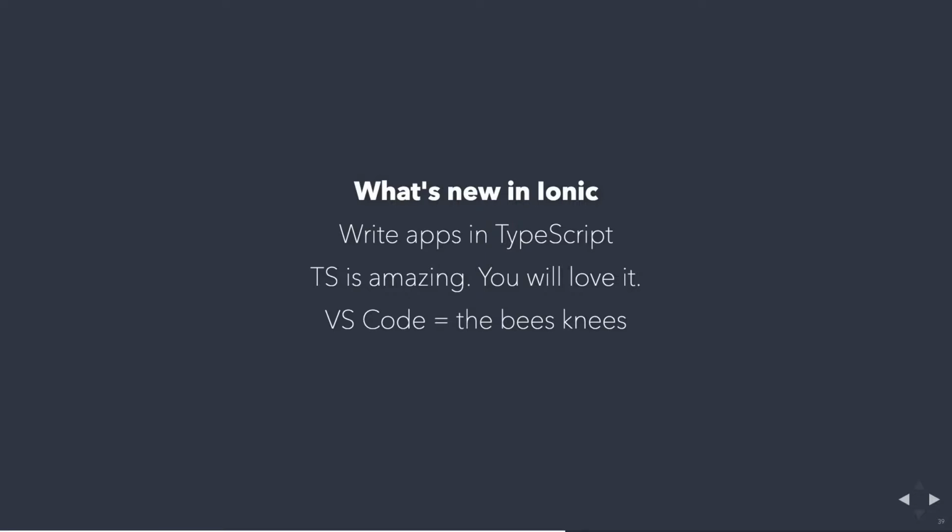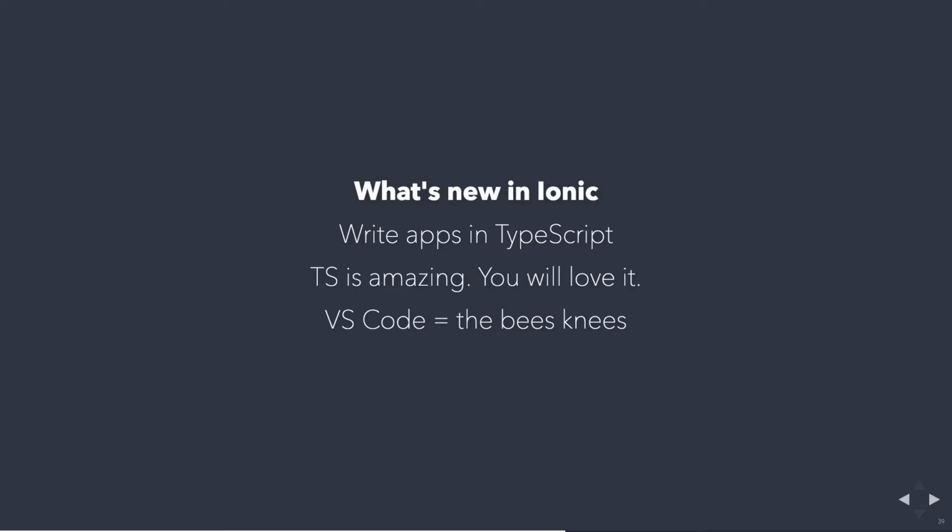But with this new tool called TypeScript, you basically get a compiler that can do a lot of testing for you. It basically validates that you're not going to break your code. TypeScript is amazing. I was extremely skeptical of TypeScript when I started at Ionic, and even when I started using Ionic, I refused to use TypeScript. I implemented my own build process to use Babel and all that stuff.